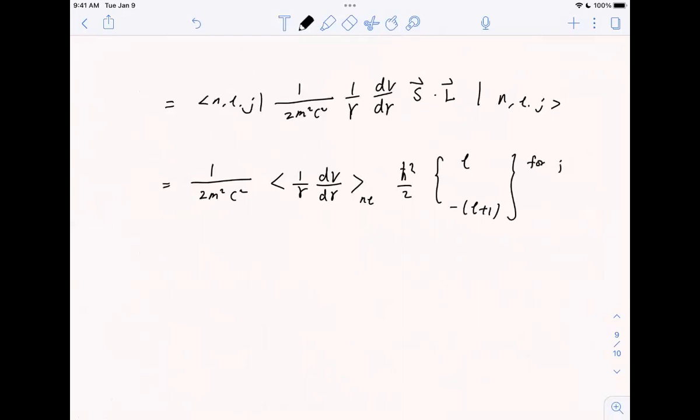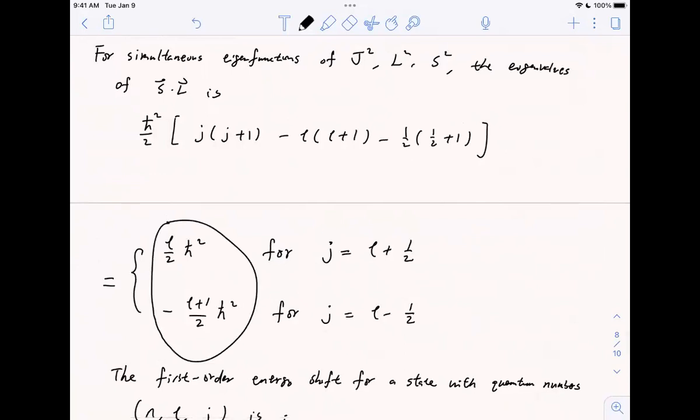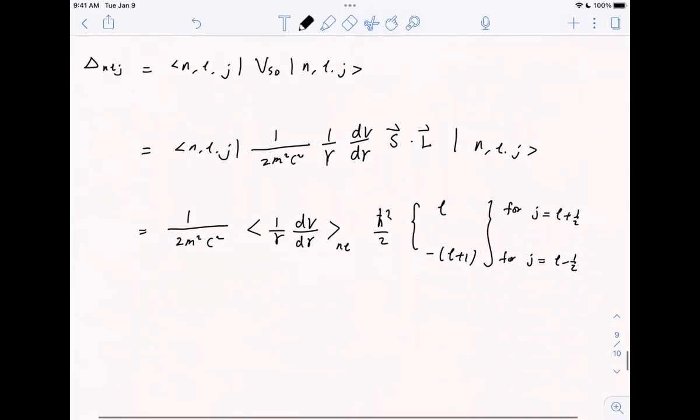And this is for J equal to L plus 1/2. This is for J equal to L minus 1/2. Okay, so you put this inside. Then you see the energy shift: one shifts up, the other shifts down. And then let's deal with this term. This term equals, then you need to do the integration.